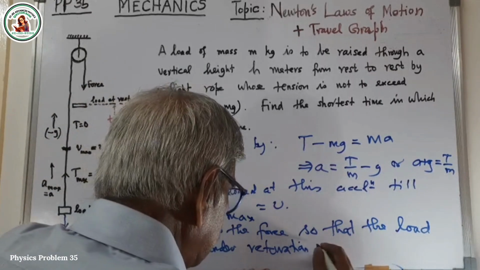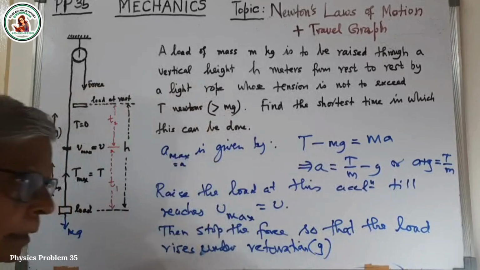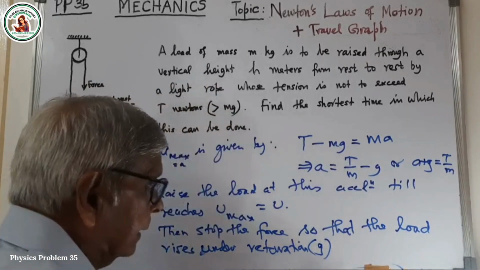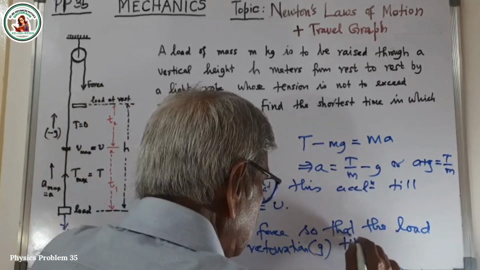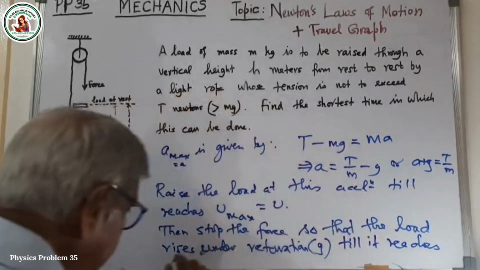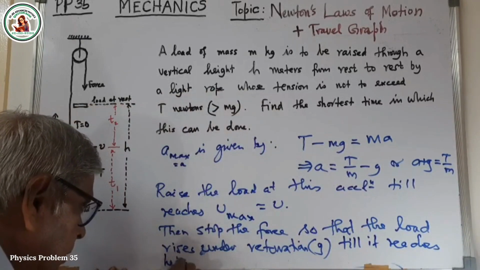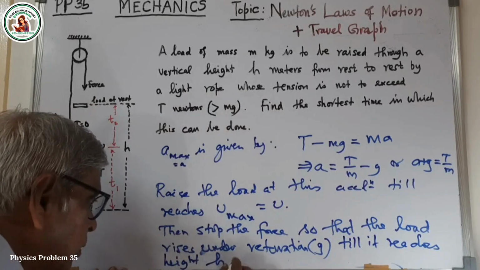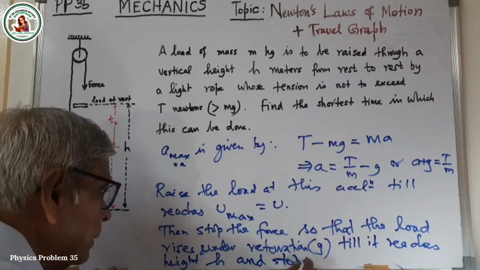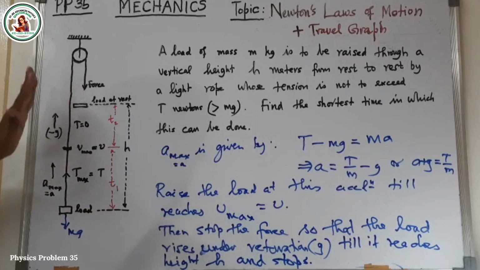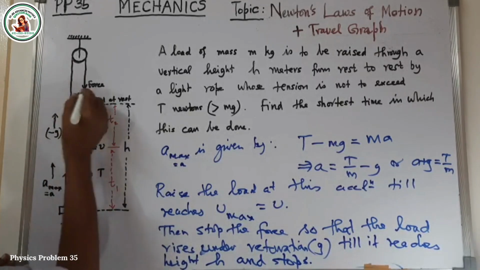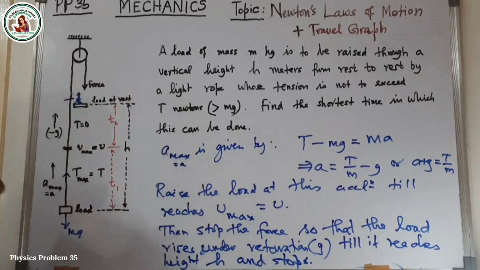When we call it retardation, you can just put it as g; minus g is not necessary. When you call it acceleration, you put minus g. So retardation g till it reaches height h and stops. At that stopping point, velocity is 0, and somebody has to catch the item at that height.